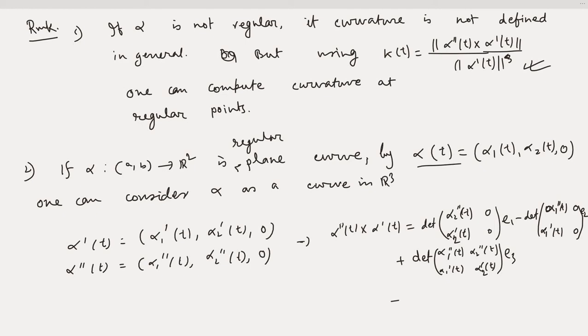And this is equal to alpha 1 double prime of t times alpha 2 prime of t minus alpha 2 double prime of t times alpha 1 prime of t, times e3.